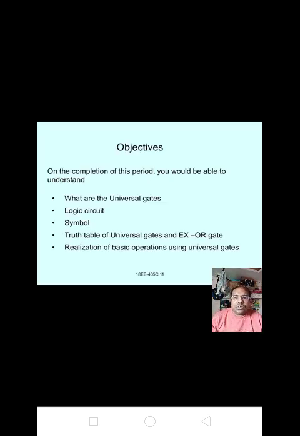Today's class is on, that is, objectives. On completion of this period, you would be able to understand what is meant by universal gates, a logic circuit, symbol, truth table of universal gates and XOR gate, and realization of basic operations using universal gates.